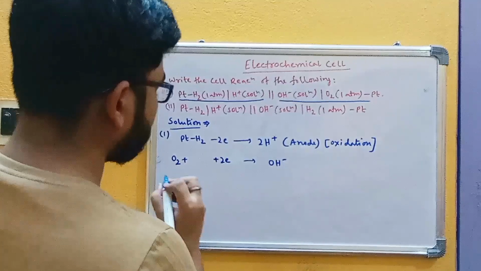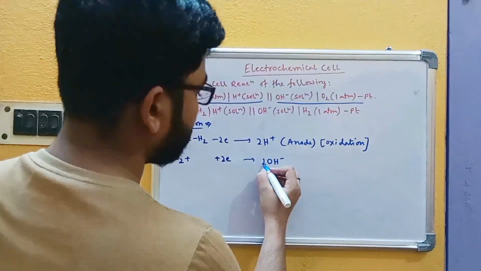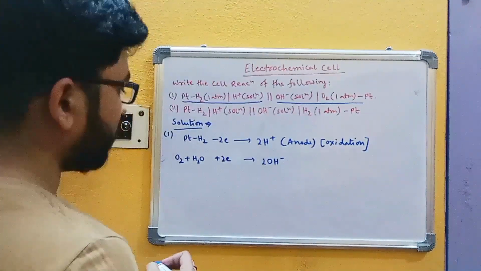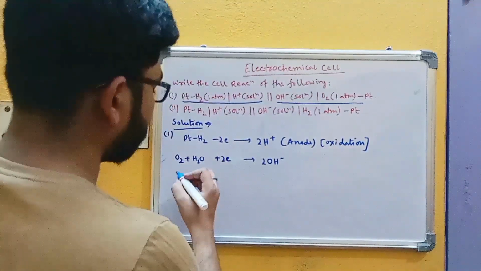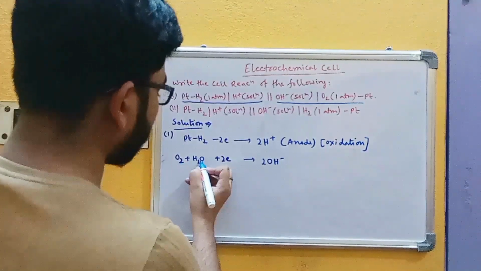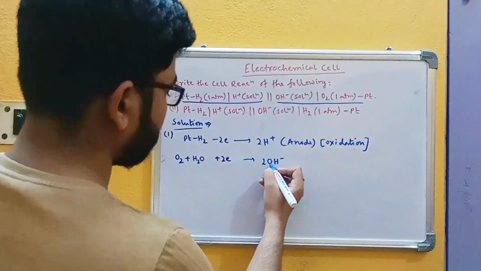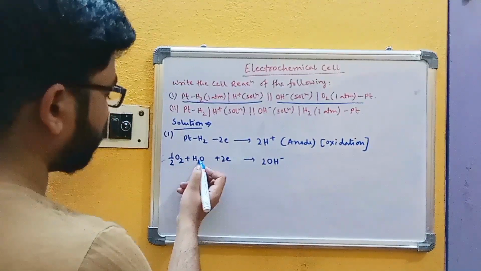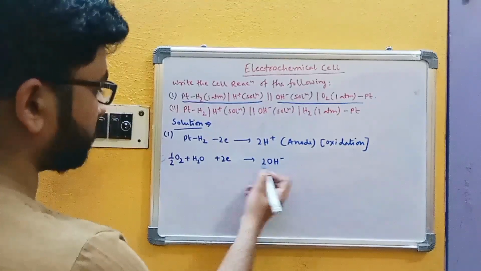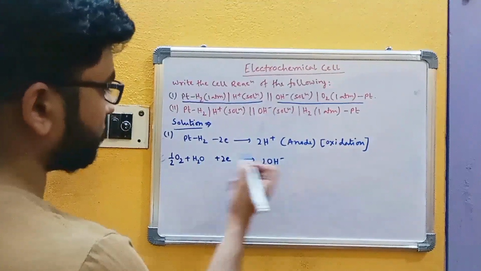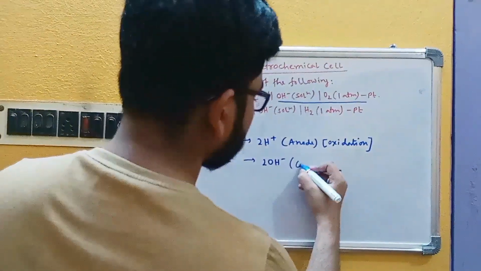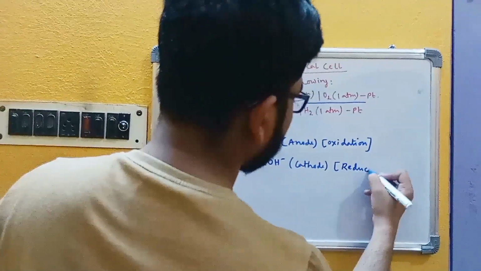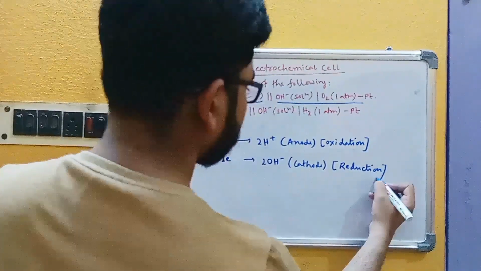So here 2 equivalents of oxygen are there, so we add 2, then 2 hydrogens are there, so we add H2 over here. Now if we balance the equation, we see that here are a total of 3 equivalents of oxygen, and here 2 equivalents of oxygen, so we add half here. So now there are 2 equivalents of oxygen here and also 2 equivalents here, and 2 equivalents of hydrogen here and also 2 equivalents of hydrogen. So this is the cathode, and here reduction takes place.